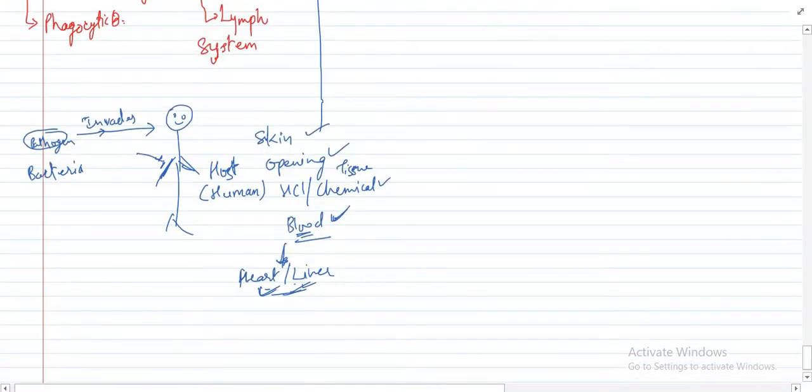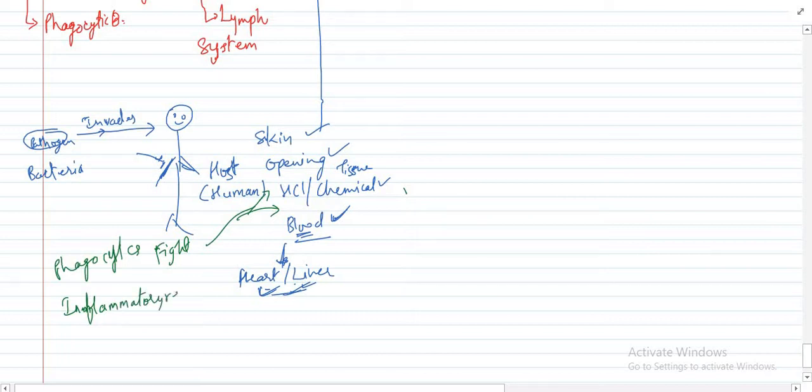So phagocytes fight them whenever they reach the tissue or the blood. Then phagocytes fight and try to kill them. And they increase some inflammatory responses as well.